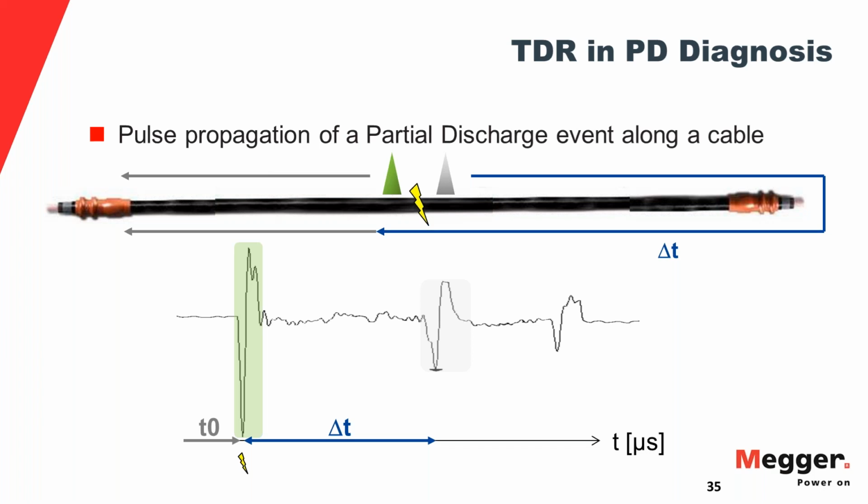Always keep in mind, in terms of PD analysis, it is as if you would connect the TDR somewhere in the middle or somewhere else in the cable, and not at your near end. That's the big difference, and it changes the paradigm of how to look at these traces. Because if you look at them with the mindset, oh, this is exactly like a TDR trace, then it will be confusing.